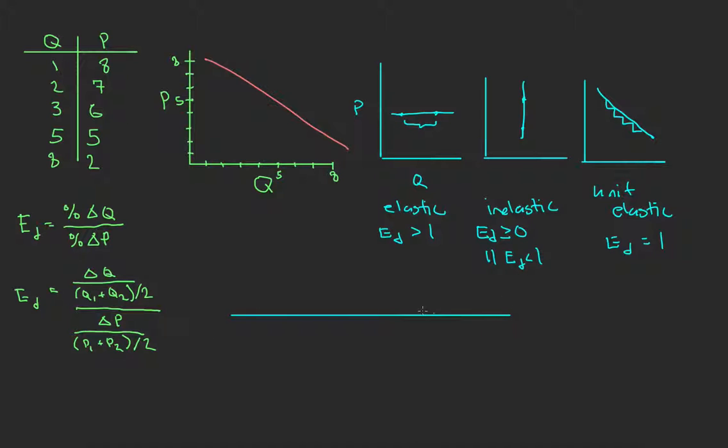And remember that elasticity, at least price elasticity of demand, is a measure of the responsiveness of the quantity demanded here. How will quantity demanded change based on how price changes?